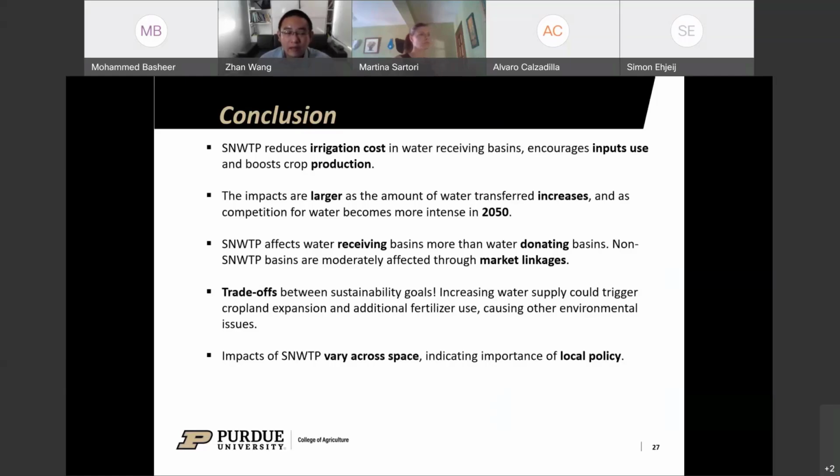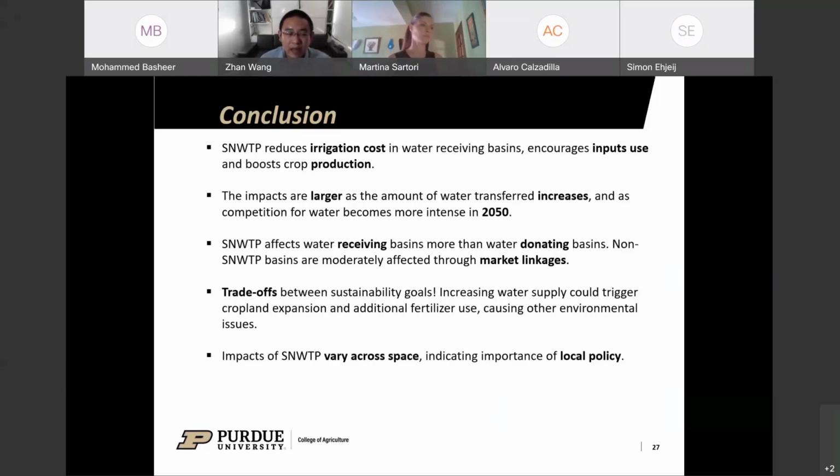Also, we find that the impact of SNWTP is much larger in the water receiving basins than in the water donating basins. It also has a slight effect on the other basins through market linkage, even if they are not directly involved in SNWTP.